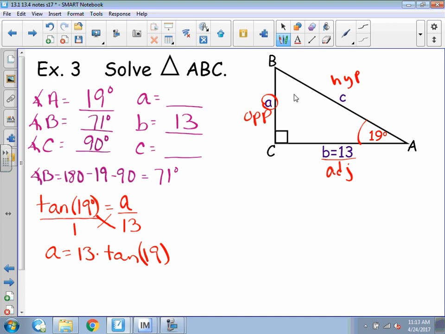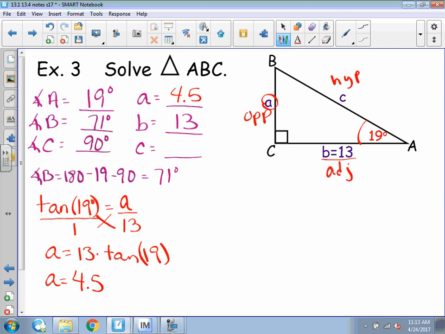So you just want to do one calculation and round off at the very end. Now you guys tell me, I want you to round it to the nearest 10th. Your calculator needs to be in degree mode. If it's not, you're going to get it wrong. So 13 times tangent 19 degrees is what? 4.5. So side A is 4.5.